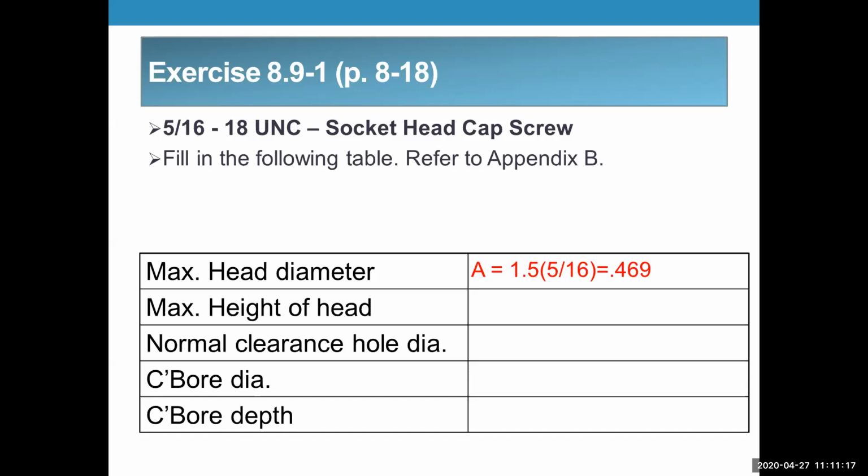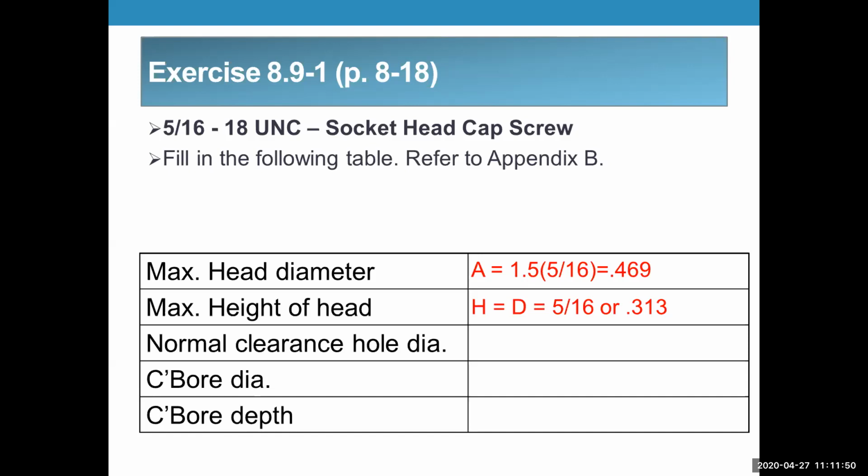If you want to know what that is fractionally, look it up, because I can't tell you off the top of my head. But I can do a better job of turning fractions into decimal numbers. The max height of the head is the same as the diameter, according to the table. So that should be 5/16, or 0.3125.